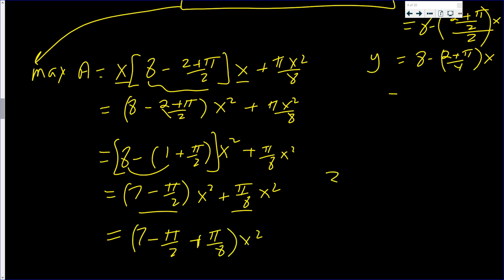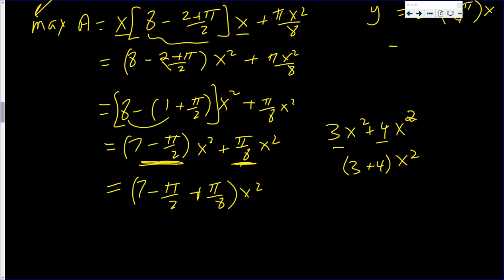Just like if you had 3x squared plus 4x squared, you add the 3 and the 4 and then you multiply it by x squared. This is like the 3, and this is like the 4. Okay, that is A. Okay. So A prime.